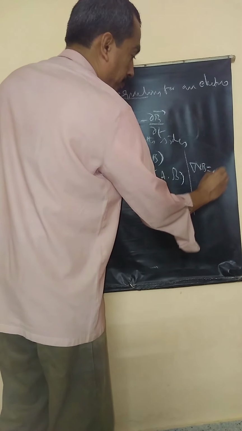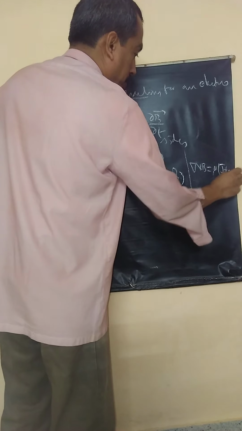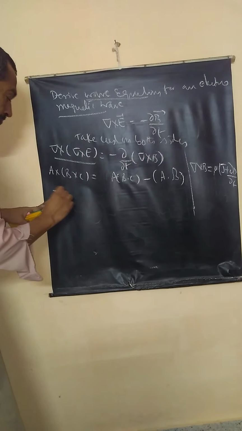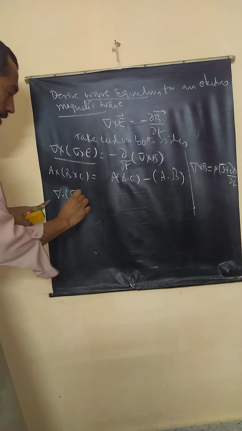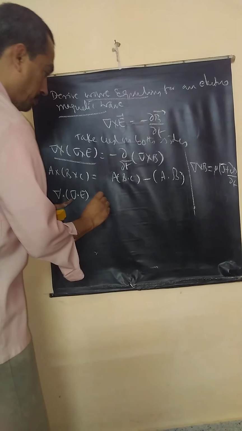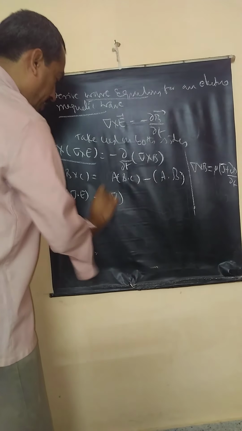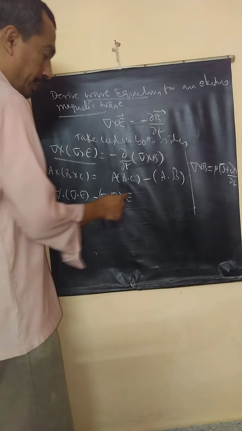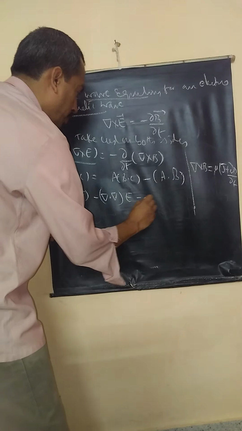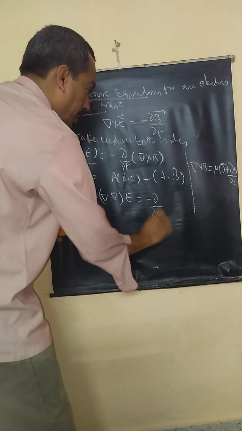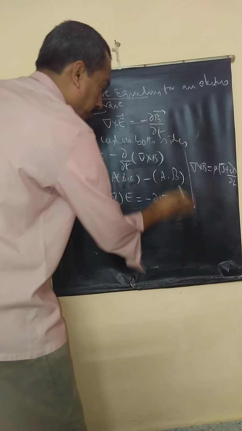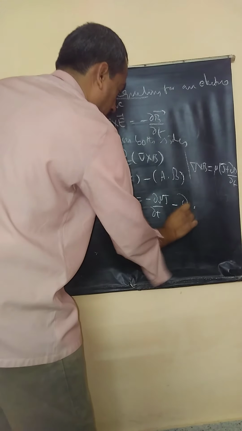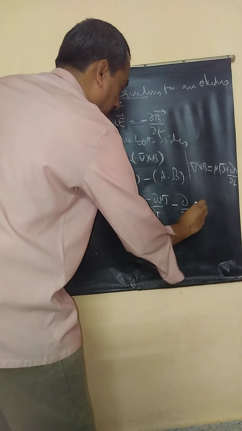Modified Ampere's law: curl H equals J plus ∂D/∂t. Here, curl of curl E equals del (del dot E) minus del squared E, using A cross (B cross C) equals B (A dot C) minus C (A dot B). This is equal to minus ∂/∂t of curl B, which is mu times J plus ∂D/∂t.